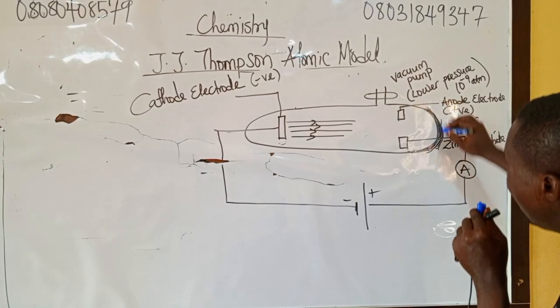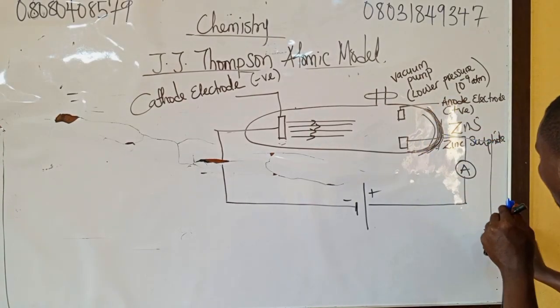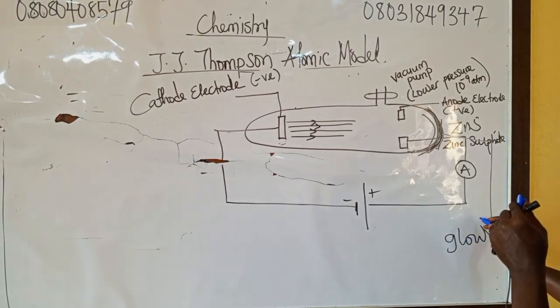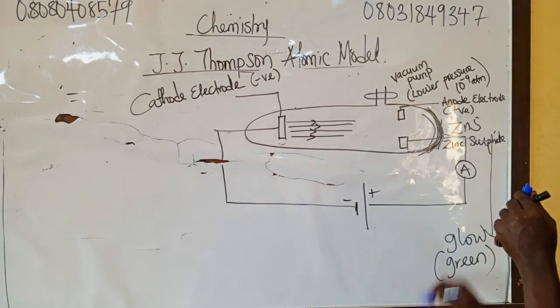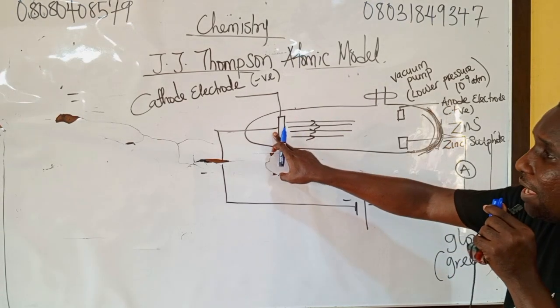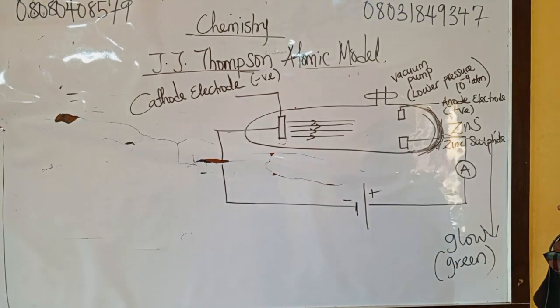When they fall on this screen, they produce what? A glow. That means they produce tiny green light. When Thomson saw that, he discovered that this cathode electrode is producing a stream of particles.